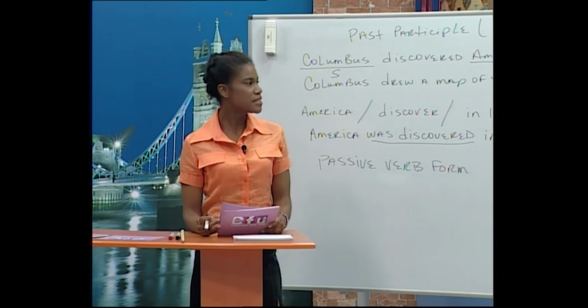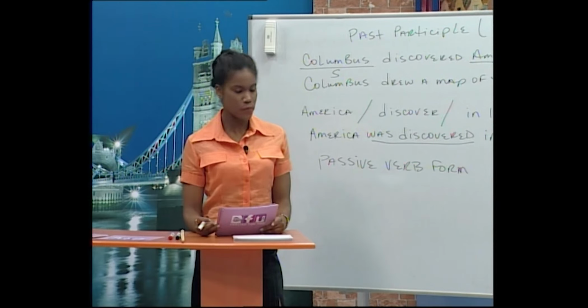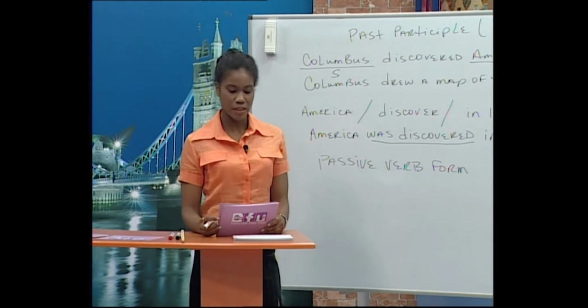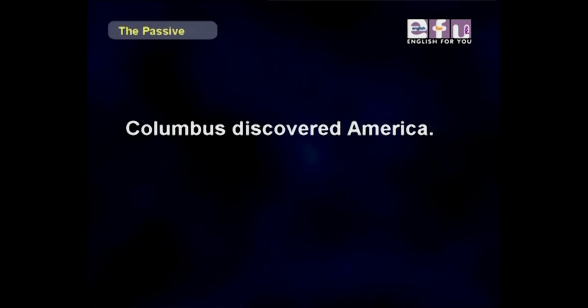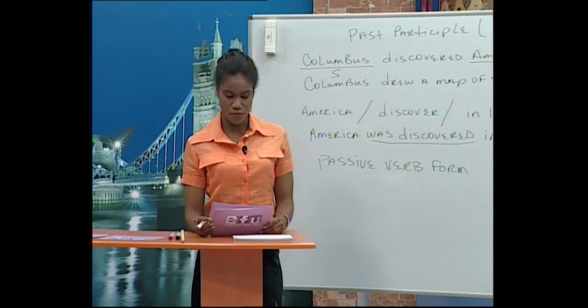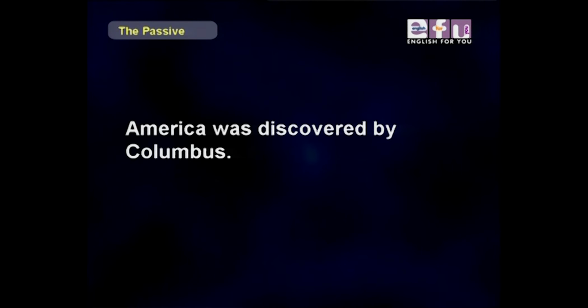When we change a sentence from active to passive, we have to understand the parts of the sentence. For example, we can write, look at your screen, Columbus discovered America. In this sentence, the subject is Columbus and the object is America. And when we make this sentence passive, we make the object into the subject.